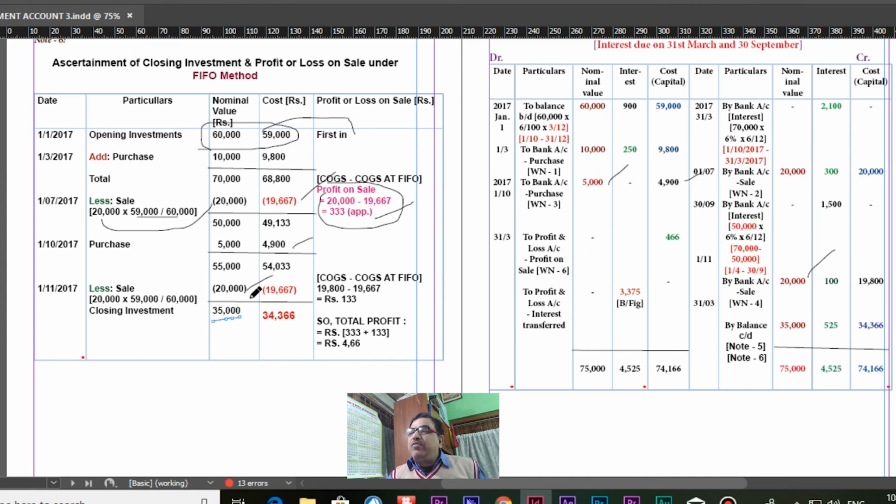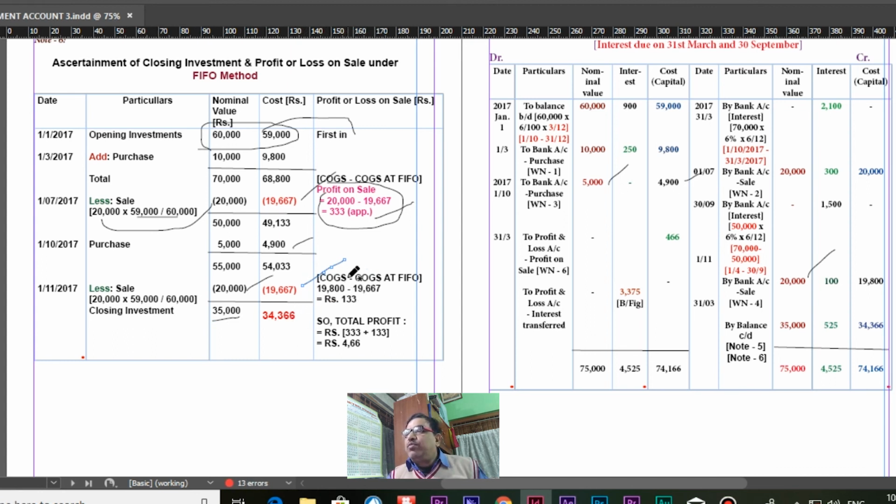And I have to calculate again the cost of goods sold of rupees 20,000 bonds under FIFO method. Therefore, that 20,000 rupees is there into 59,000 FIFO method. Therefore, that part is to be taken again. 59,000 divided by 60,000. Naturally, I got 19,667.